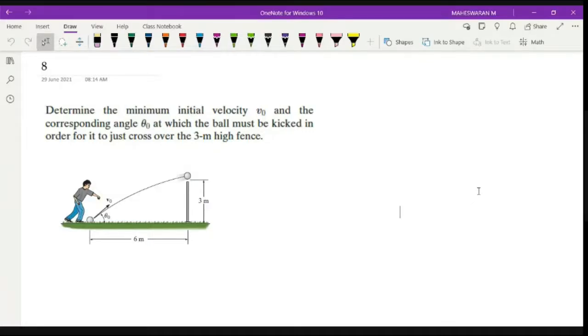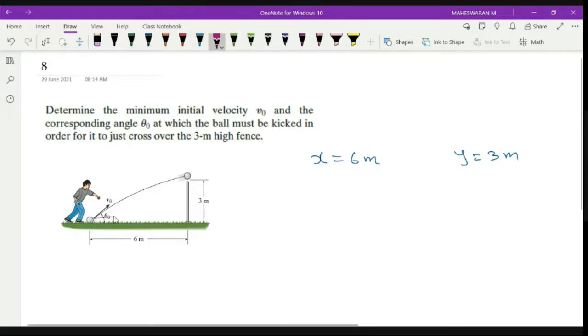Let us identify the x distance and y distance. X distance is 6 meter here, y is 3 meter. These are the two data I have. It is not negative, make sure it is not negative because it is along the same direction. So it is a positive value.